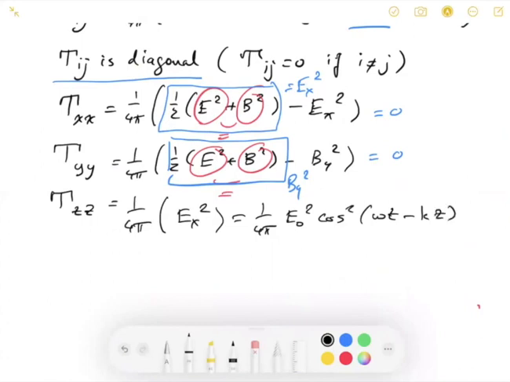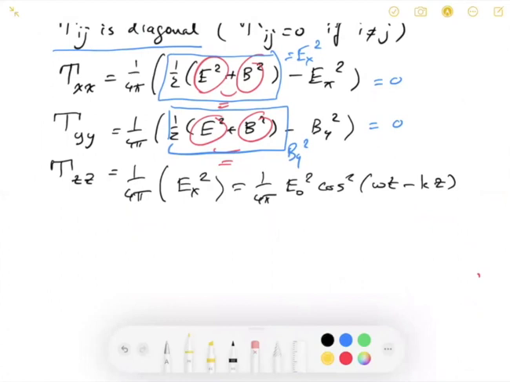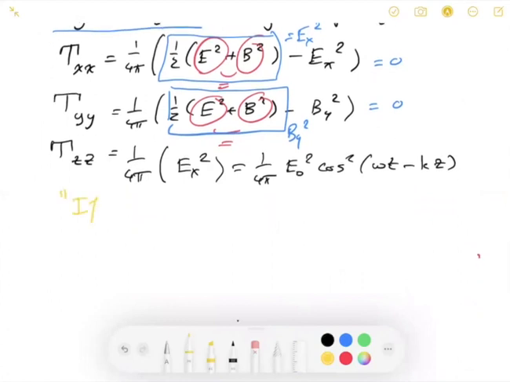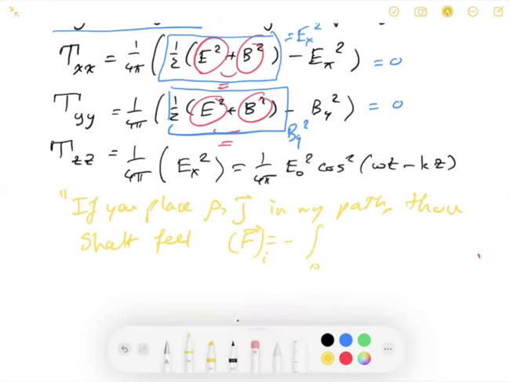All right. So what does that mean? Well, remember the Maxwell stress tensor says if you place rho's and j's in my path, thou shalt feel F equals minus the integral over some Gaussian volume of T_ij da_j.